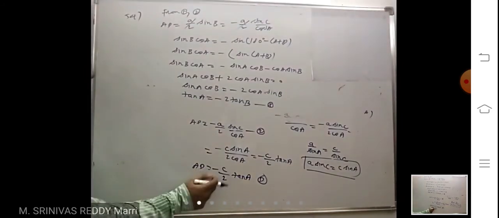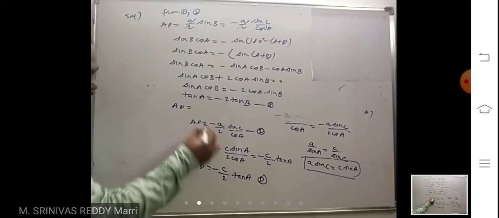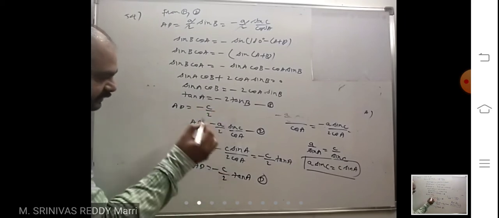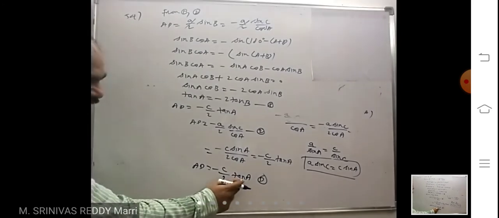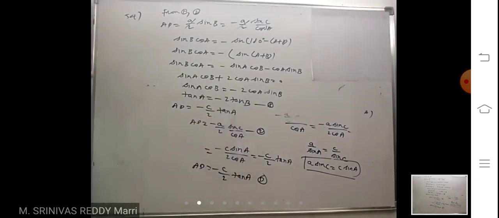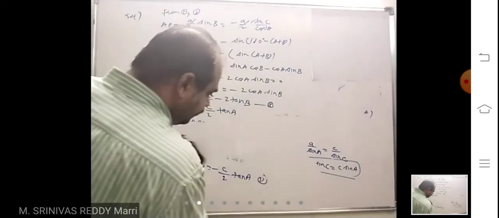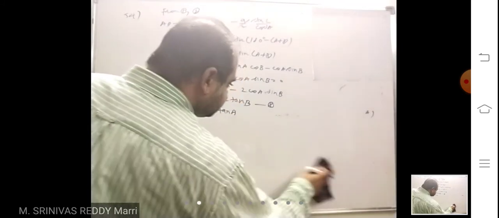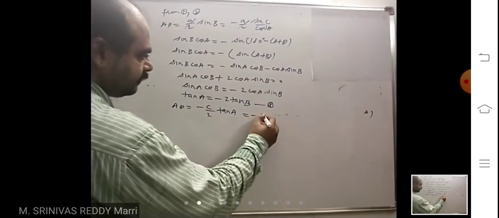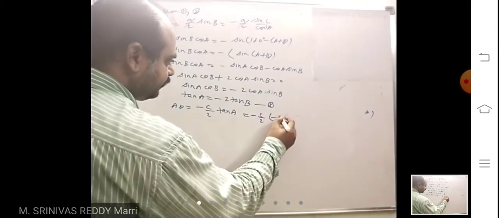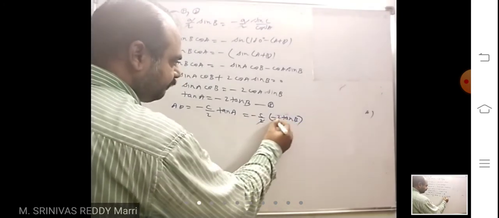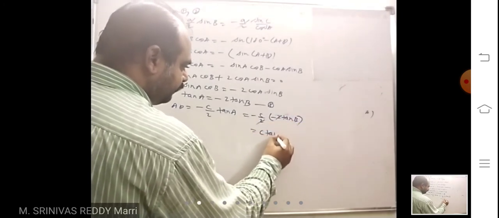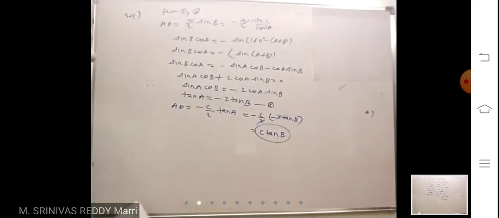Now look at here. AD you got it as minus C by 2 tan A. This option D is correct already you got. Now tan A can be written as minus 2 tan B. Minus C by 2 into minus 2 tan B. So therefore C tan B is also correct.